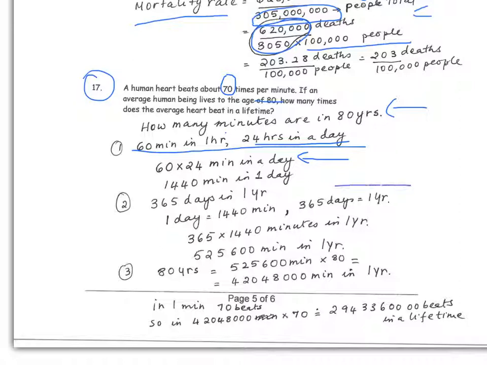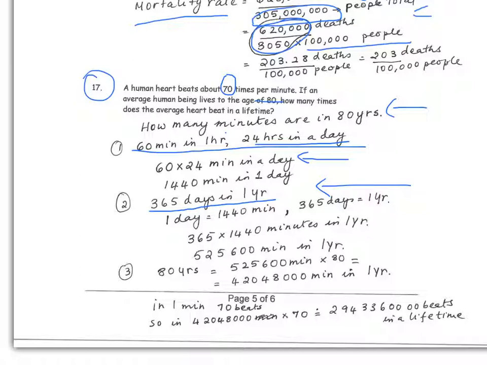Our next step. So now we at least know how many minutes are in 1 day. Our next step is a little bigger. We want to find out the number of minutes in 1 year. So let's go to the next step, which is, how many days do we have in 1 year? Let's just assume it's 365 days in 1 year.